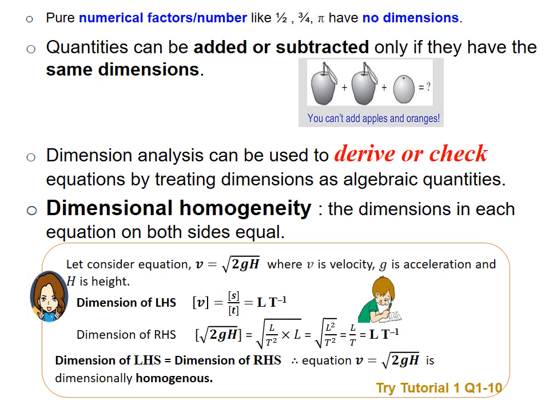So from this example, dimension of left hand side is equal to dimension of right hand side. So if this equation has the same dimension on both sides, we call it homogeneous.